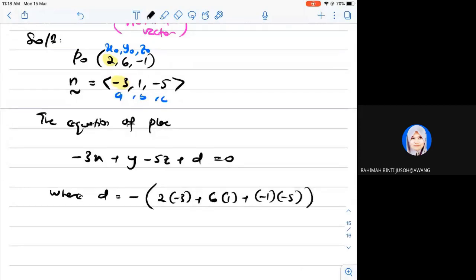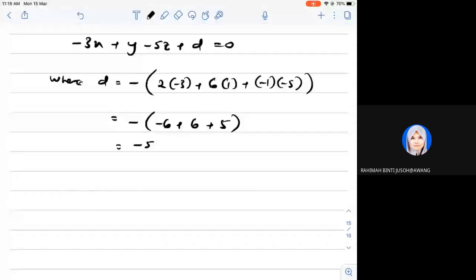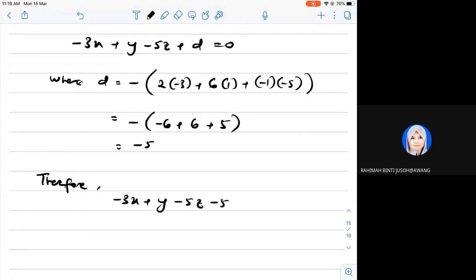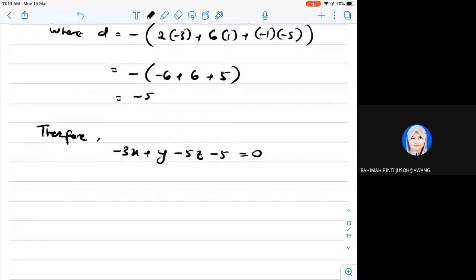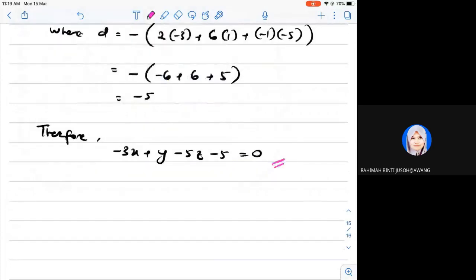So you will have -6 plus 6 plus 5. We will get -5, isn't it? Yes. Therefore the equation is -3x plus y minus 5z minus 5 equals to 0. Or you can simplify and move terms to either side. So that's the answer. Understand guys for equation of plane? This is the basic one.